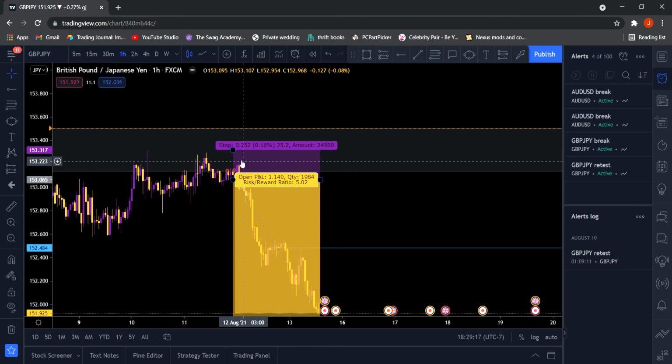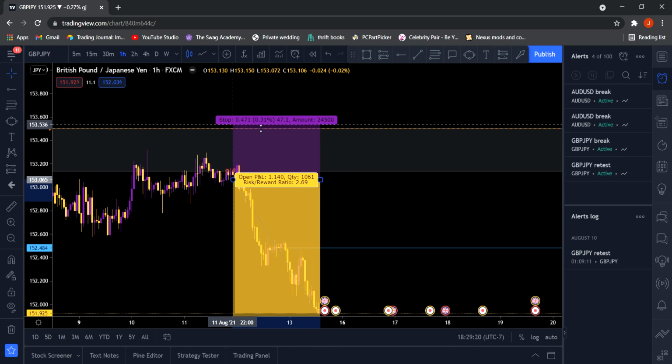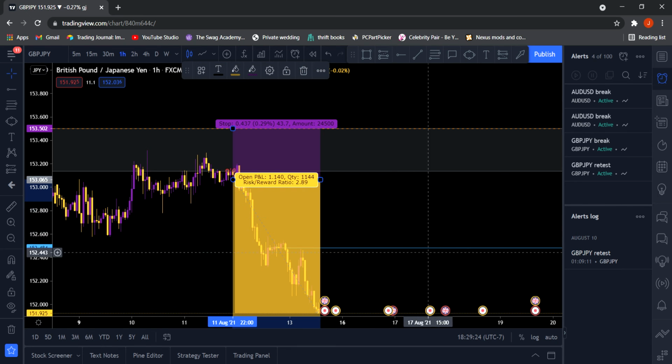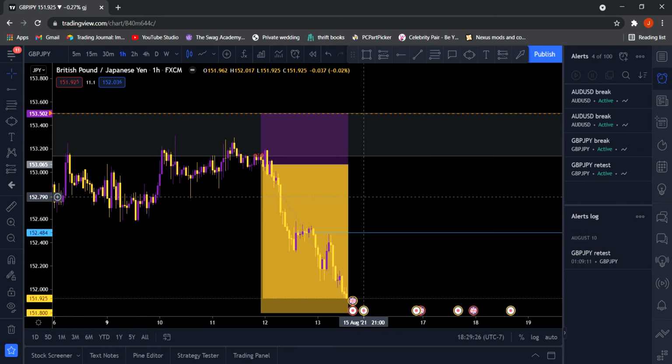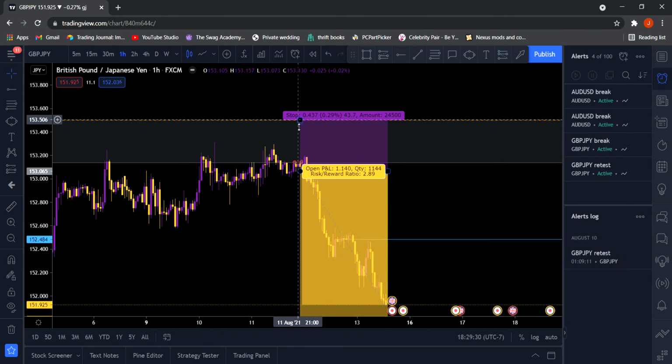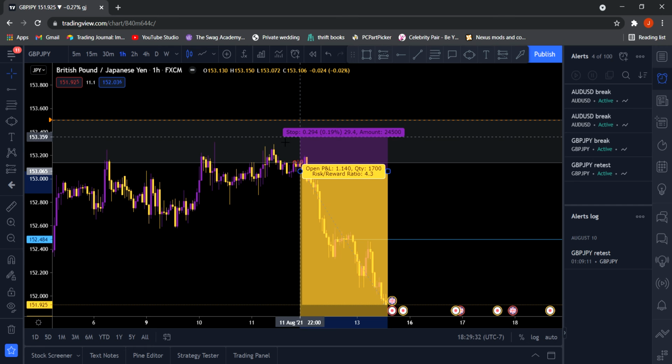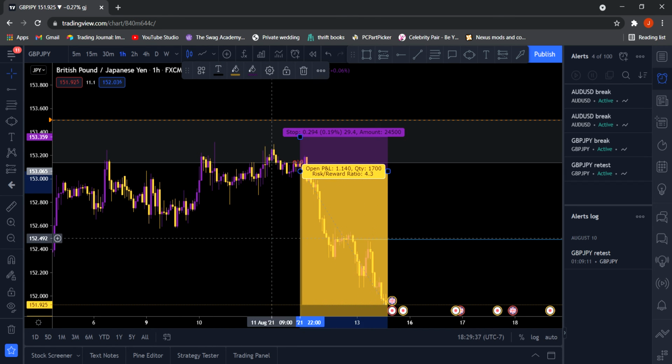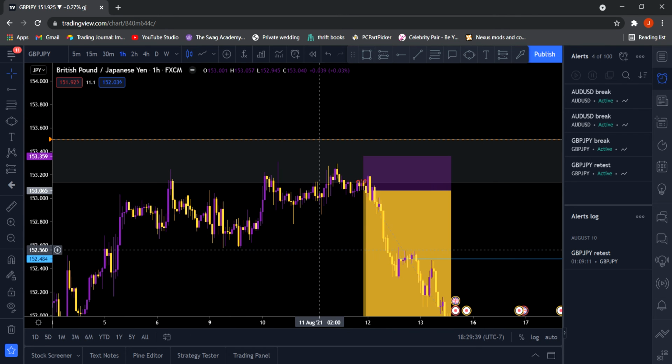I'm cool with a 40, 50 pip stop loss, because you can see the risk to reward ratio is still high, 2.89, almost 3. And I didn't even have to put it all the way up there. I could have just put it right here above this wick, and would have had a 4 risk to reward ratio. So it depends on how you want to do it.